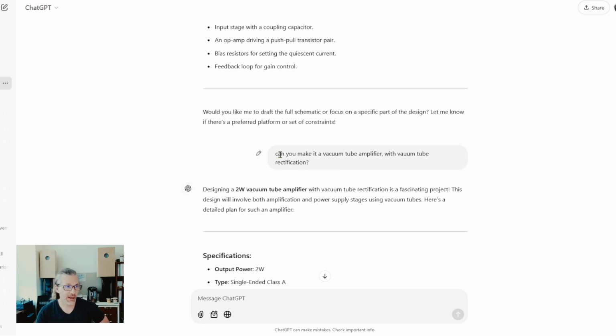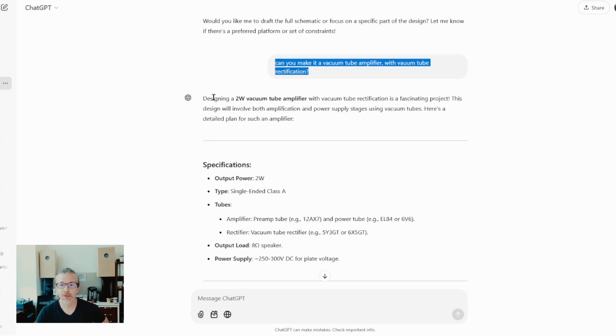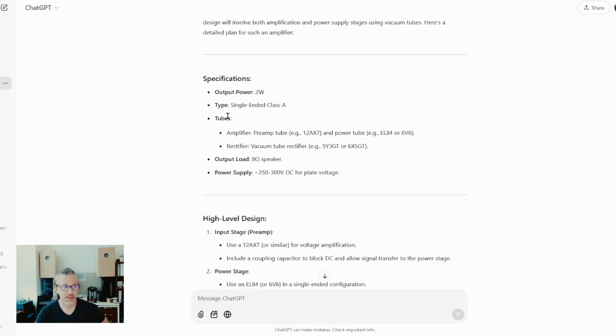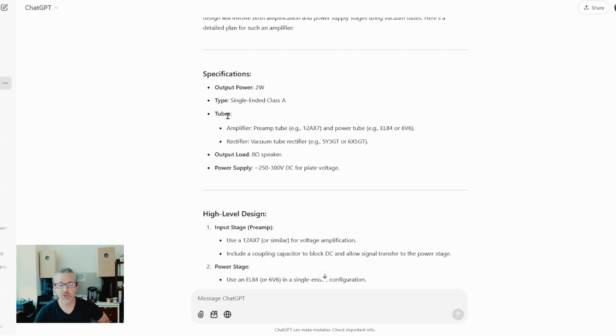And then I clarified my prompt for AI: can you make it a vacuum tube amplifier with vacuum tube rectification? And now it recalculated its response and said single-ended Class A, and what tubes: preamp tube, for example 12AX7, and power tube EL84 or 6V6.